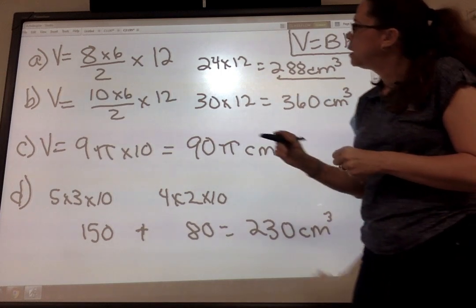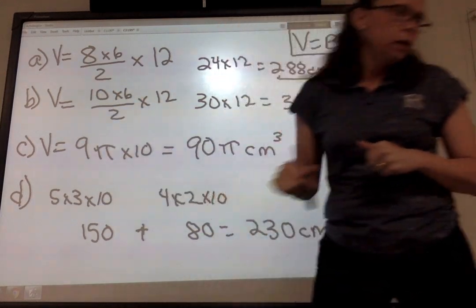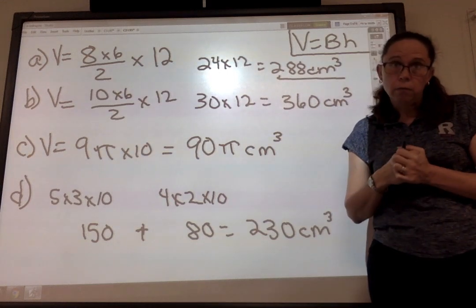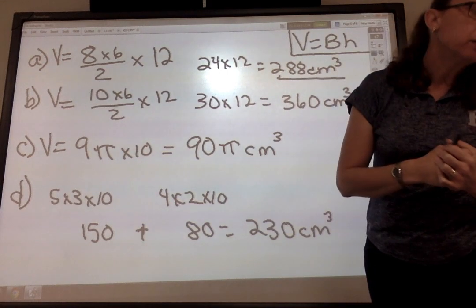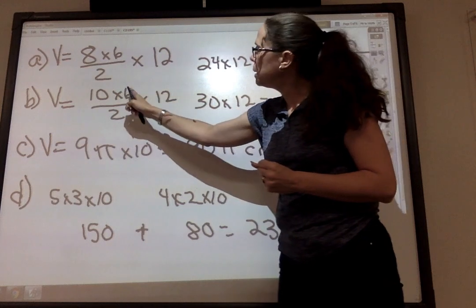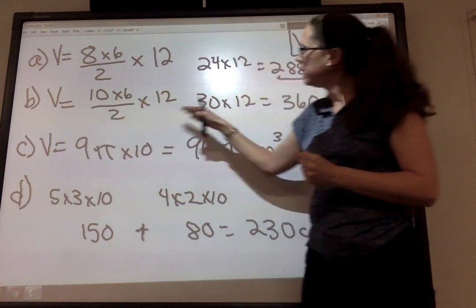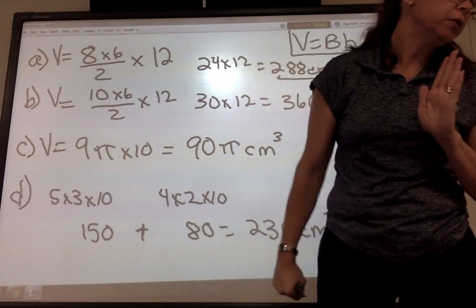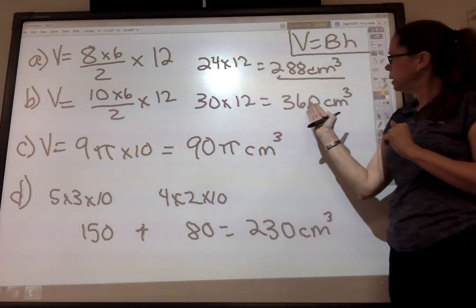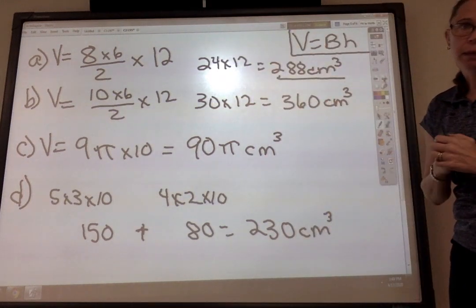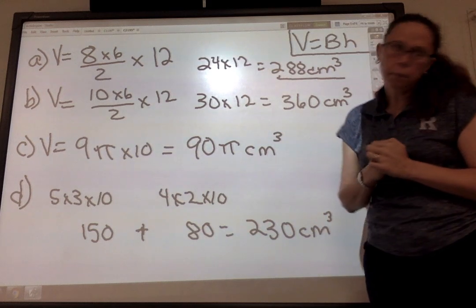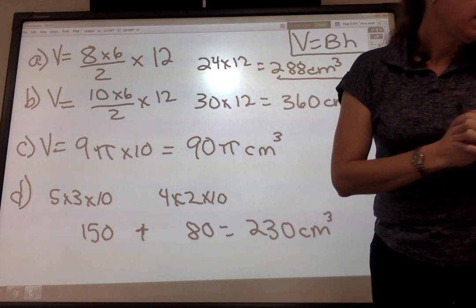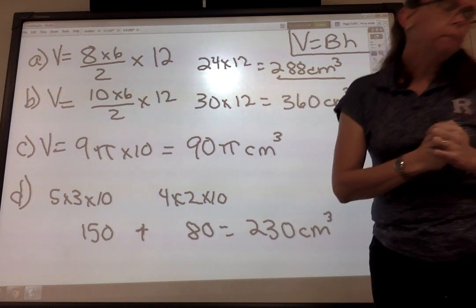On B, again, the base of our figure is a triangle. Area of a triangle. I'm going to do 10 by 6 divided by 2. That gave me 30. It goes 12 centimeters back. 360 centimeters cubed for B. C was a cylinder, and they said we could leave pi as pi.